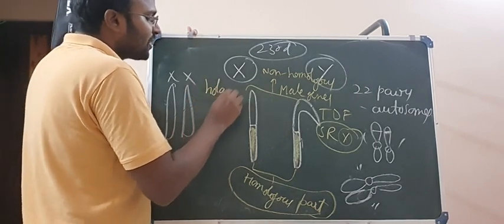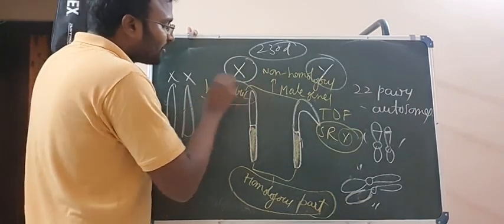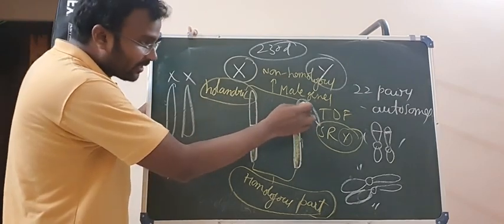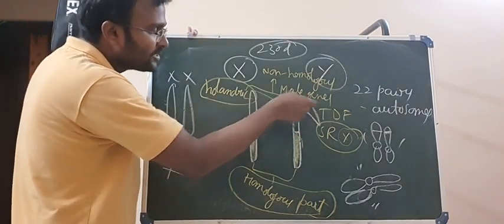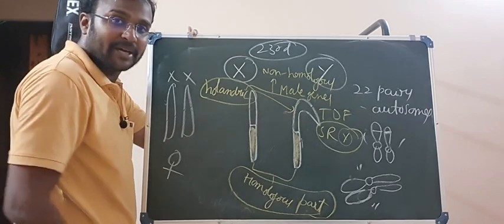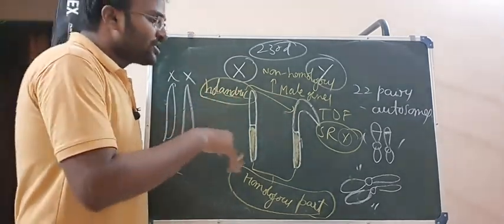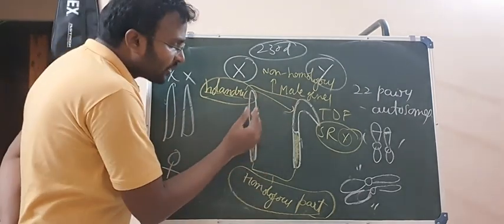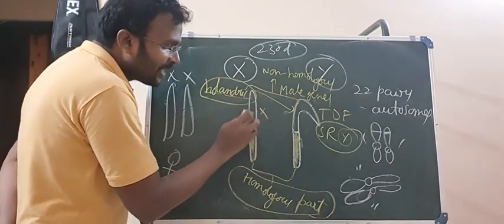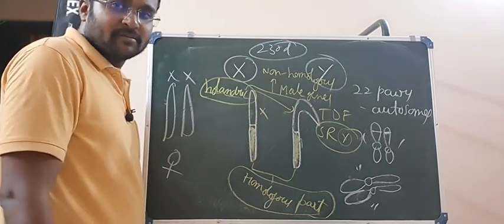The genes present in the non-homologous region are known as holandric genes, particularly on the Y chromosome. Andro means male, the genes which impart maleness. On the counterpart, on the X chromosome, the same type of genes are not present.